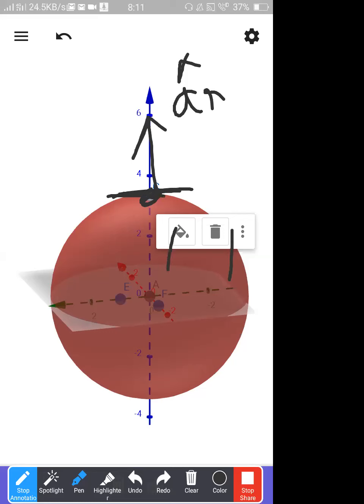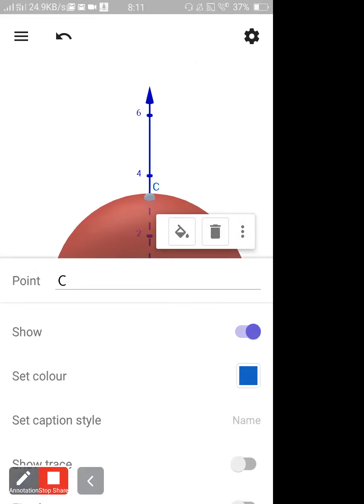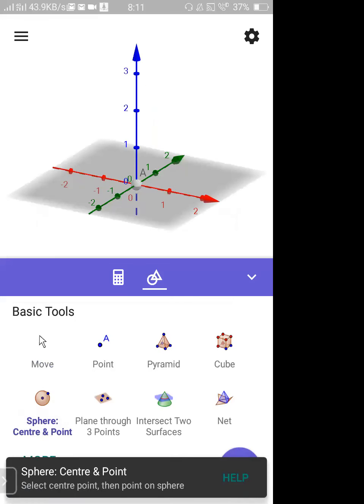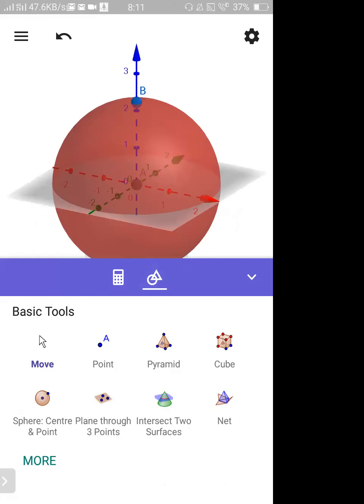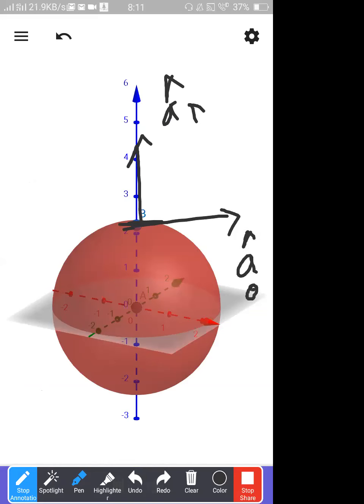I think it is perpendicular to a_r. I will draw it, just try to verify. This is a_r cap direction. The tangential one is a theta cap.